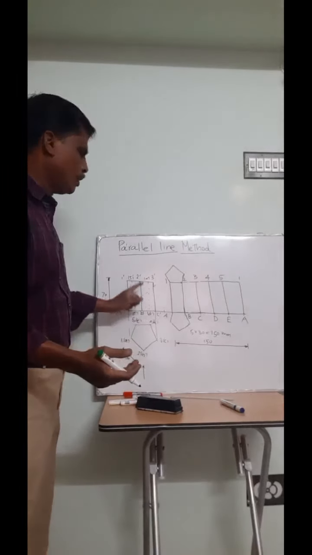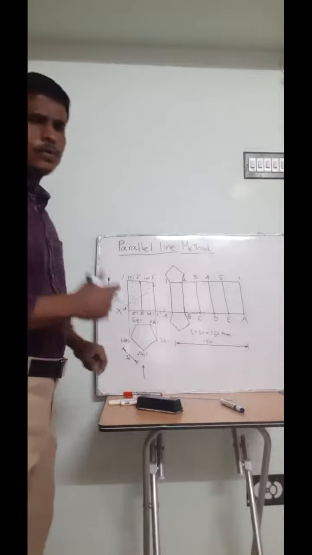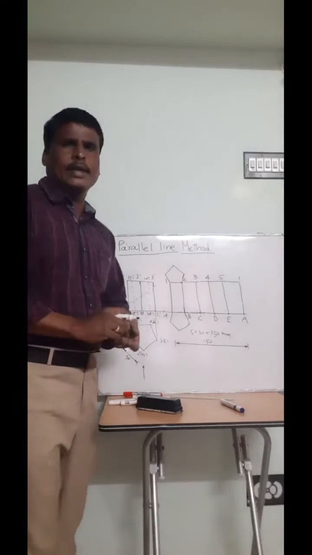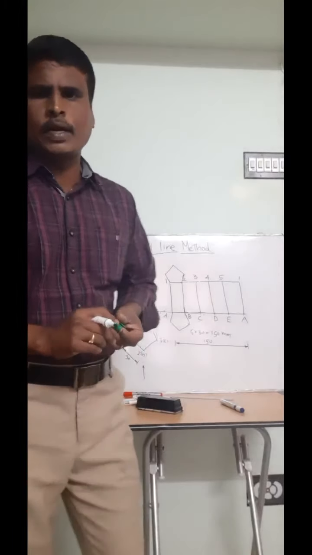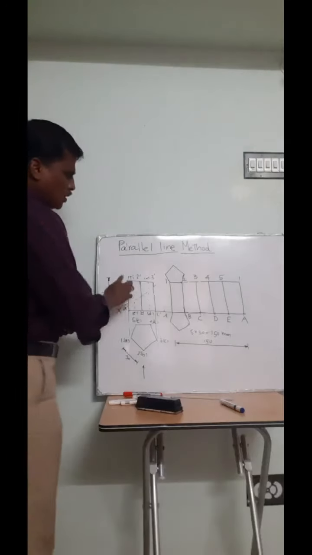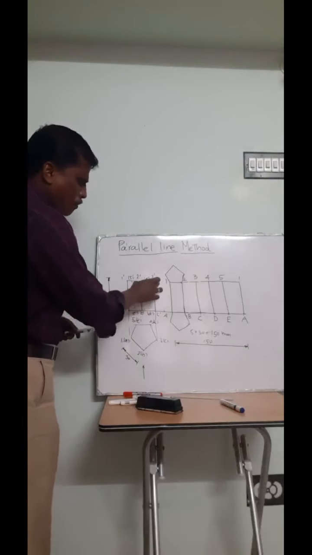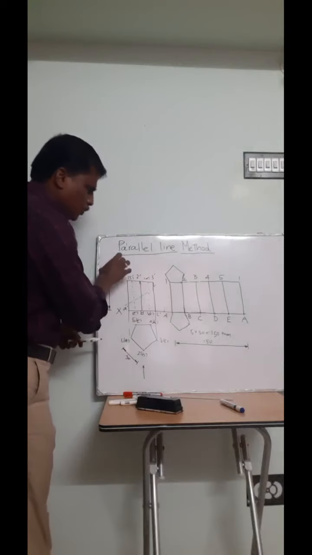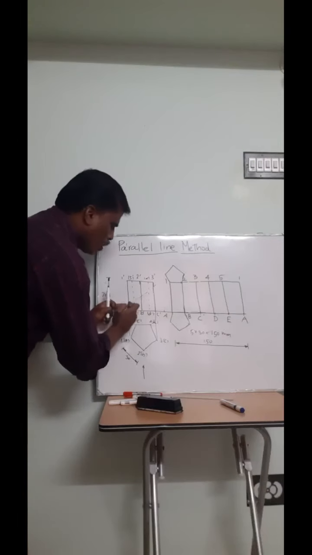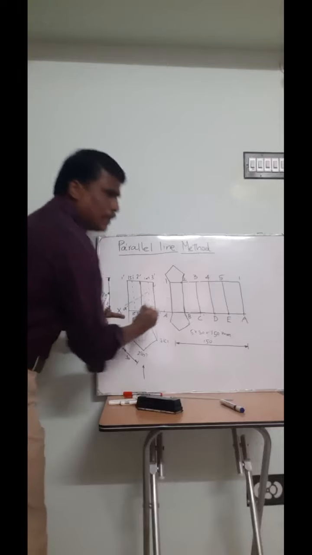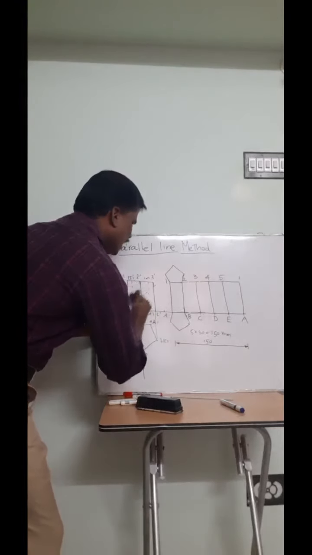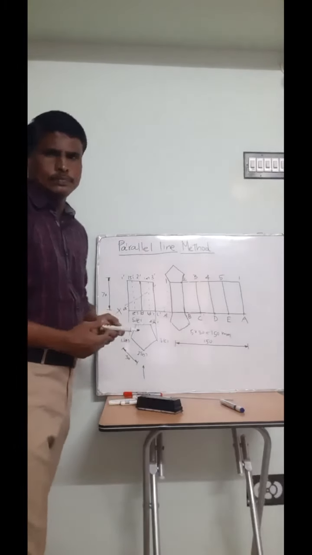Now I have to draw the development of the lower portion of the lateral surface. So first complete the simple position, mark the cutting plane, then remove this portion and open the remaining lower portion of the lateral surface.